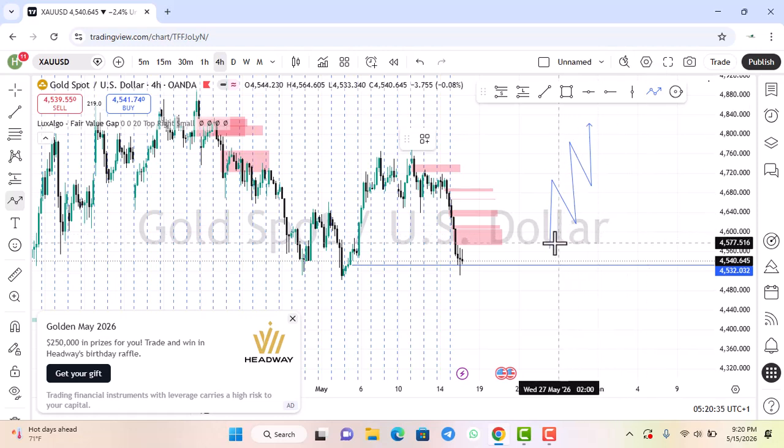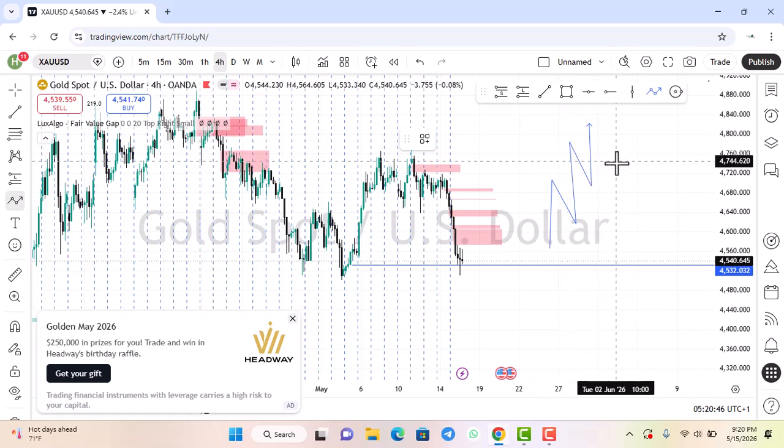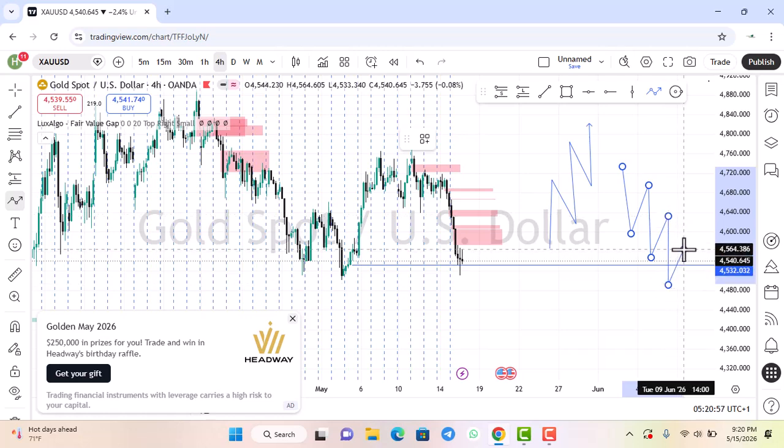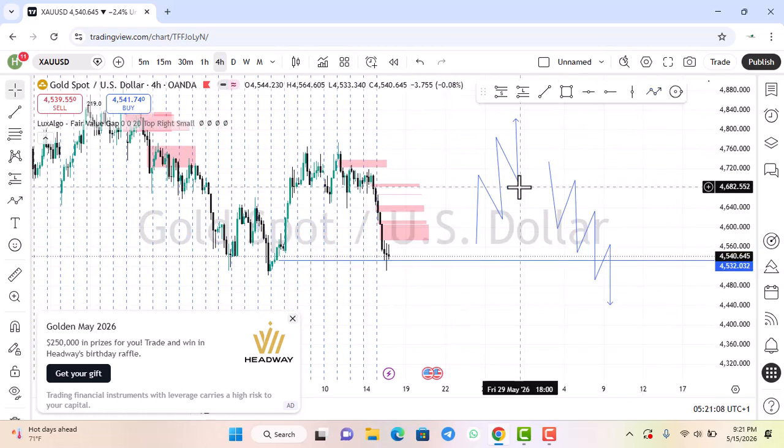Well, we have our higher high, this point here, higher low, this point here, higher high, higher low. And in a downtrend, we have our lower high, lower low, lower high, lower low, lower high, lower low.